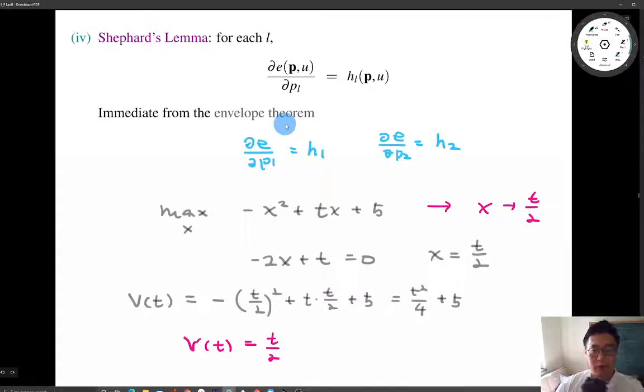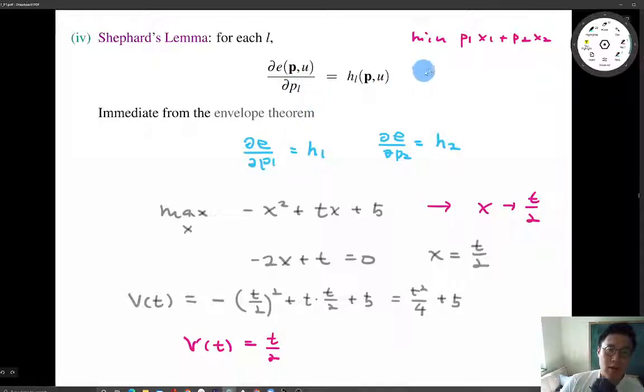So think about the minimization of p1 times x1 plus p2 times x2. We are interested in how the expenditure function responds to a change in price, for example a change in P1.